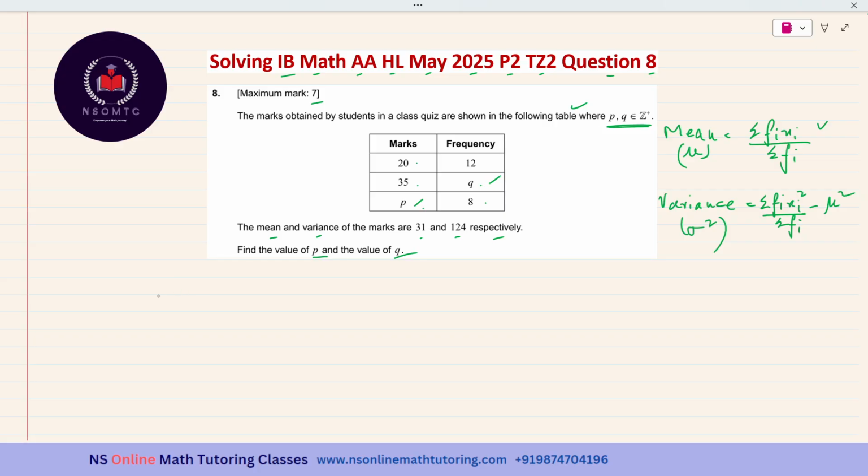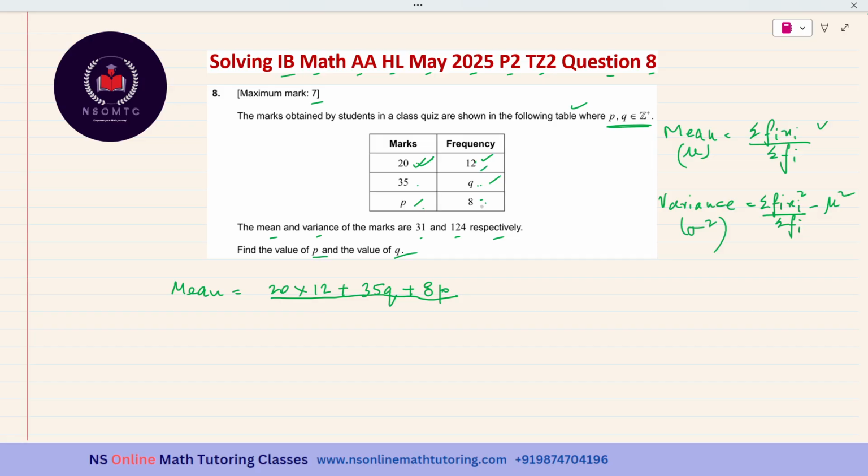First of all, it is the mu or the mean. Mean is equal to, if i is for the frequency and xi is the corresponding marks, 20 times 12 plus 35 times q is 35q plus p times 8 is 8p over sigma Fi, so the summation of all these three.